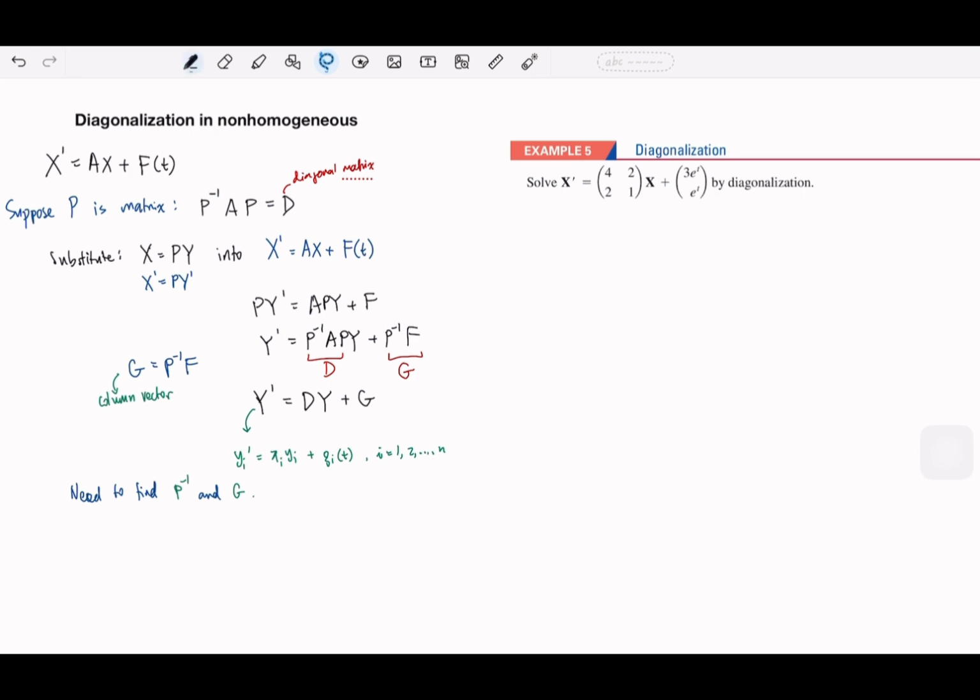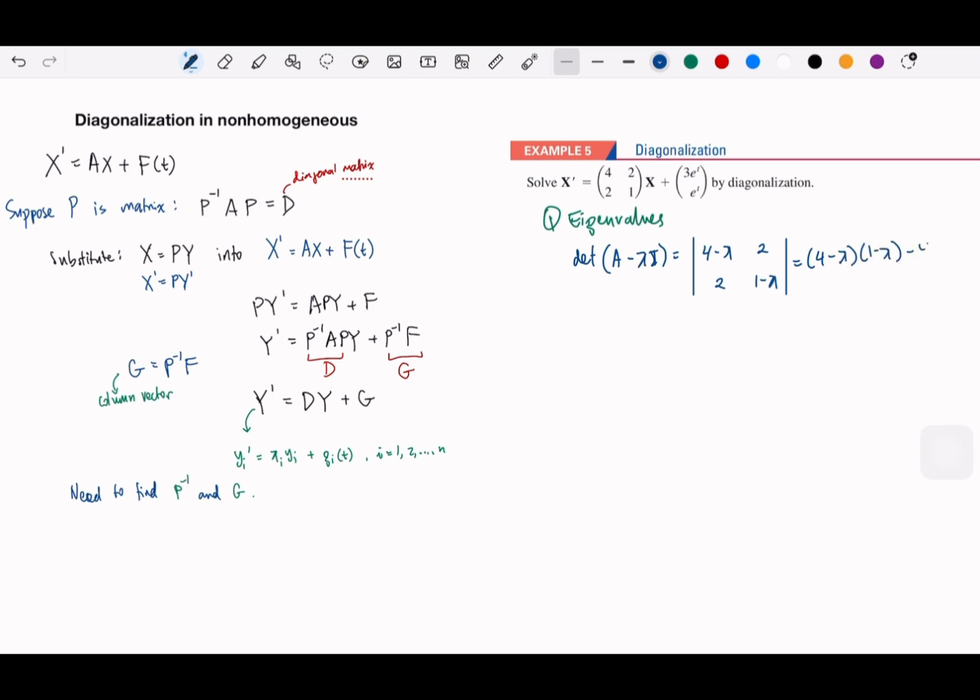So first, as usual, we find the eigenvalues. So this will be lambda squared minus lambda minus 4 lambda is minus 5 lambda. 4 minus 4 is 0, right?